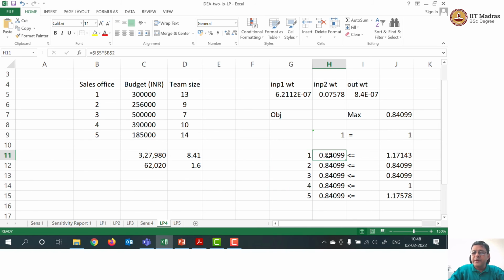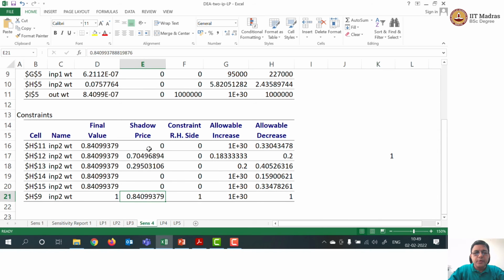I am not going to repeat what each of these inequalities correspond to. They are essentially saying that using the input and output weights of DMU4, none of the DMUs should report an efficiency of more than 1. For these 5 inequalities, these are the only two dual variables which are non-zero. Other than that, this is 0, this is 0, this is 0.